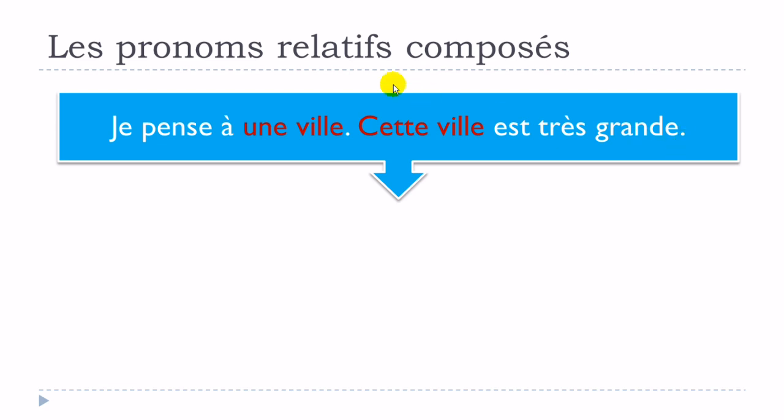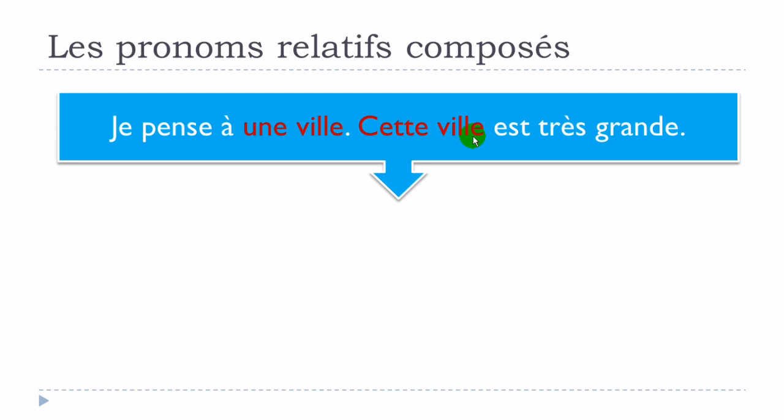In this case, we've got une ville and cette ville here, so we don't want to repeat this ville. The idea would be to merge these 2 sentences into one sentence, without this repetition.